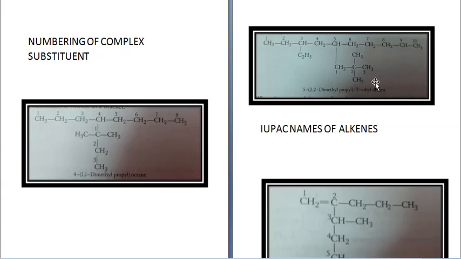After that there is a side chain here also, 3 ethyl, and since it has 10 carbons, decane. Alright, so the name is 5 dash within brackets the side chain 2 comma 2 dimethyl propyl, bracket closed, 3 ethyl decane.